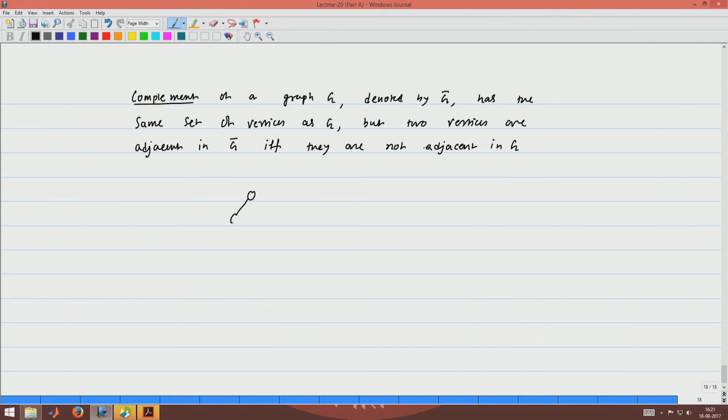So, let me just give a small example. Suppose this is the graph G. Let me label the vertices A, B, C, D. This is my graph G. And then what is G complement?